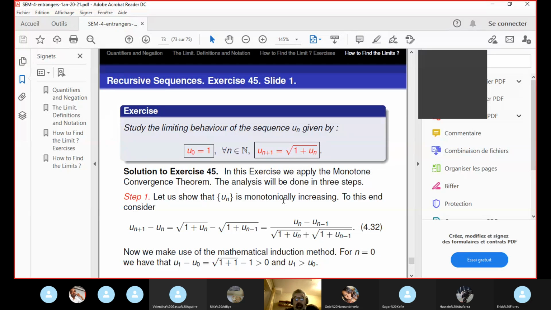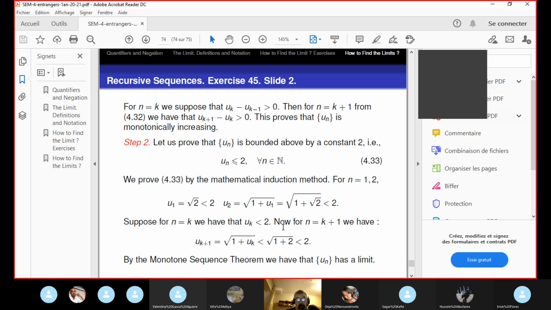So S4, you see, if I take n equals 0, the first step, as we usually say, the base of induction, u sub 1 minus u sub 0 is positive, and u sub 1 is greater than u sub 0. So as for the base of induction, it's good.